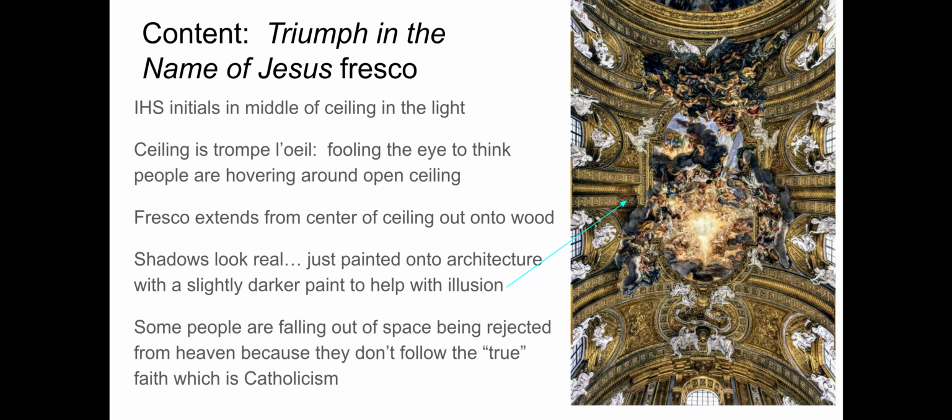So that there are figures actually above you. That's the feeling. It's so awe-inspiring. It's so amazingly realistic looking that I imagine the Catholics in the church couldn't help but just get transported to this feeling of the glory of the divine, and how that ceiling is actually opening up, allowing the glory of God to come out and into the space.